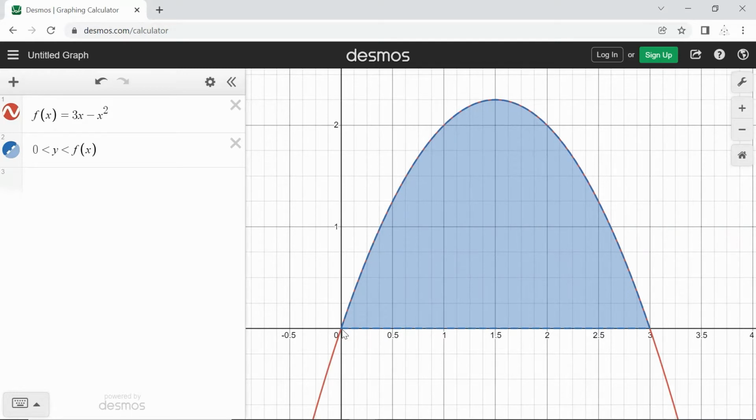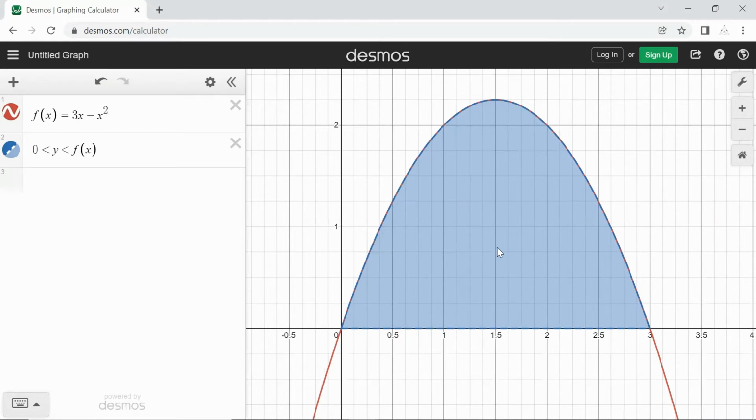So my first rectangle is going to have width from 0 to 0.5. My next rectangle is going to have width from 0.5 to 1. My next rectangle is going to have width from 1 to 1.5, and so on and so forth. You'll notice if I do that, I get 6 vertical rectangles.